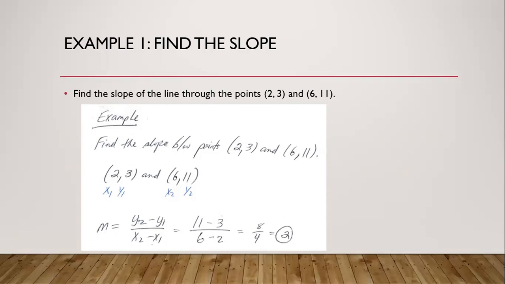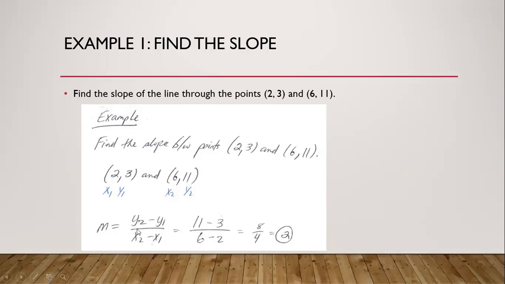So we label our points X1, Y1, X2, Y2. Then we have a formula. The formula says that the slope, M, is equal to Y2 minus Y1 over X2 minus X1.